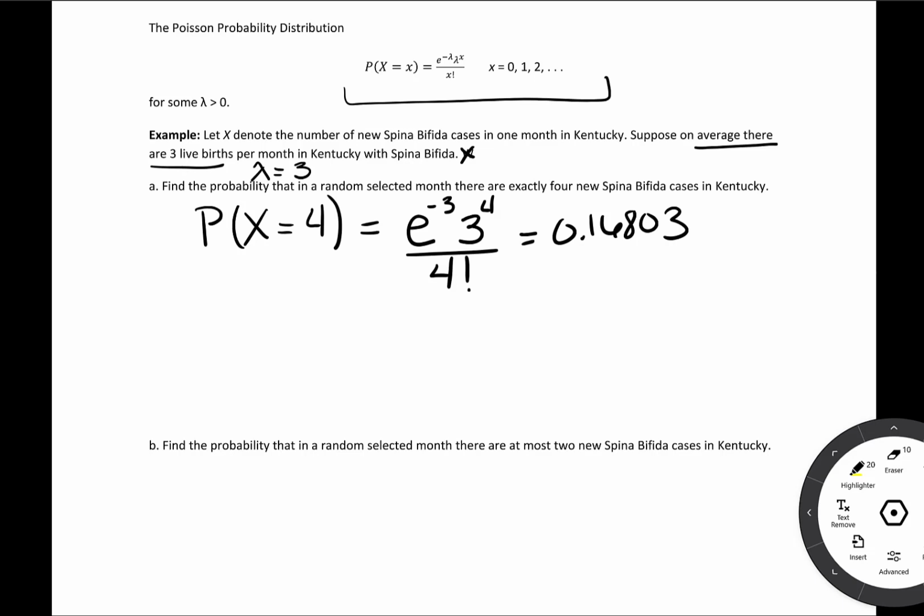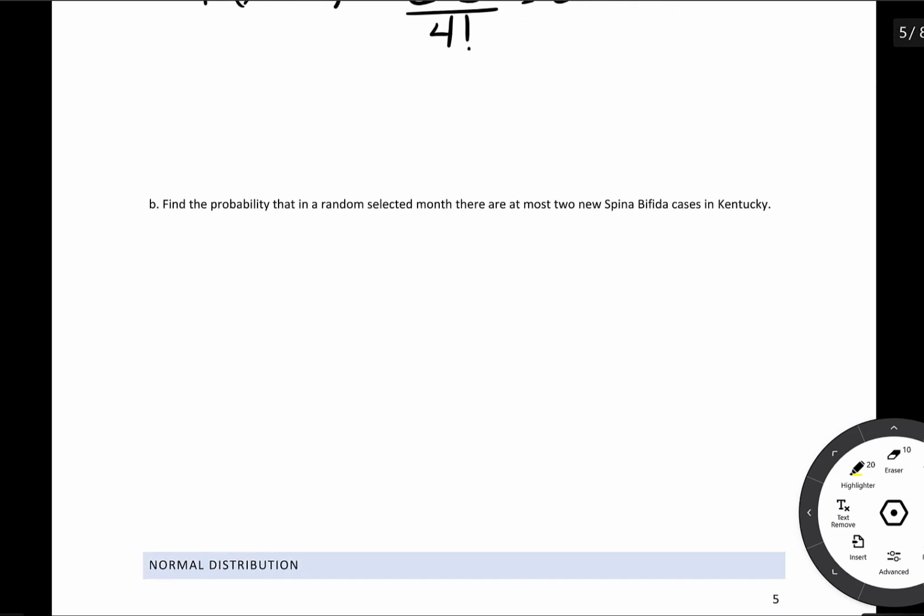Find the probability that in a randomly selected month, there are at most 2 new spina bifida cases. So in this case, we would find the probability that x is less than or equal to 2. Now, anytime that we've got this less than or equal to, like we saw in this example and the one previous, this is what we call a cumulative probability.